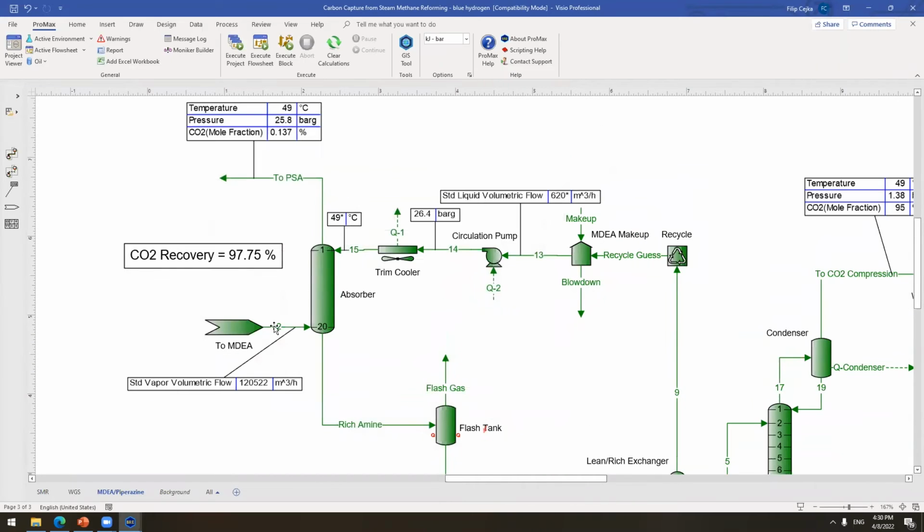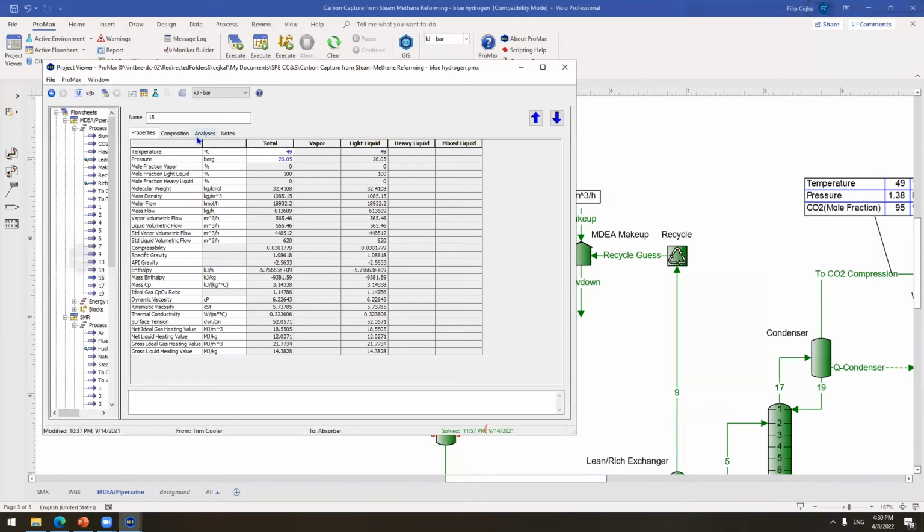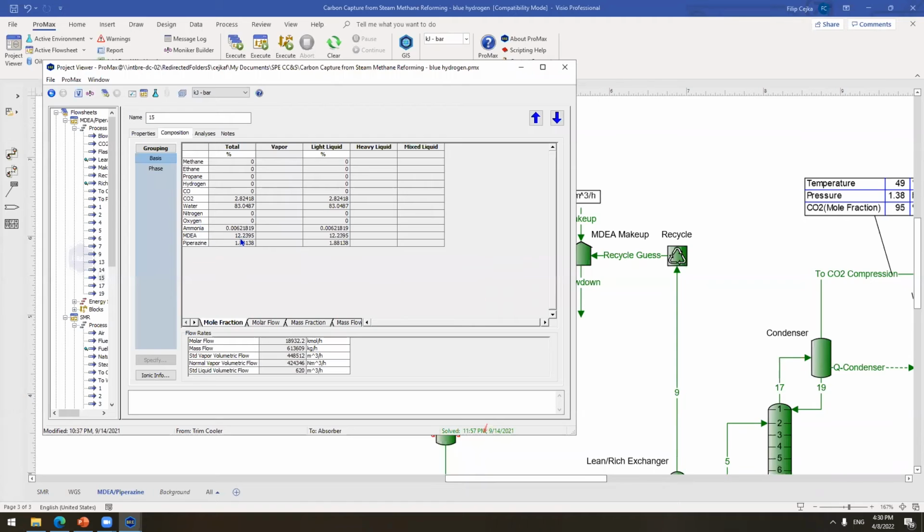So this stream will come to the absorber, and you might ask, okay, what's coming from the other side? If I look at the other side, the composition is going to be mostly MDEA, and let me show you this in mass fraction. So it's going to be 5% piperazine. As I showed you previously on the graph, you should be using, let's say, about 2% piperazine.